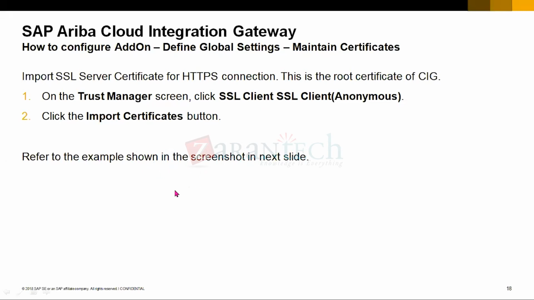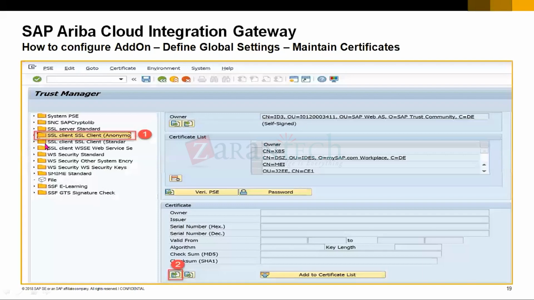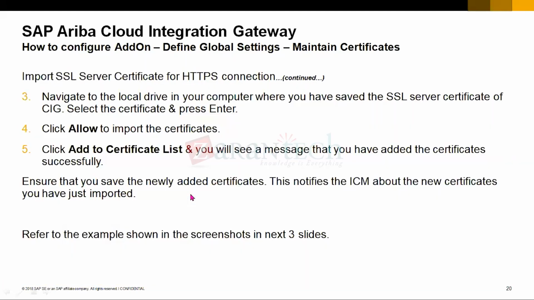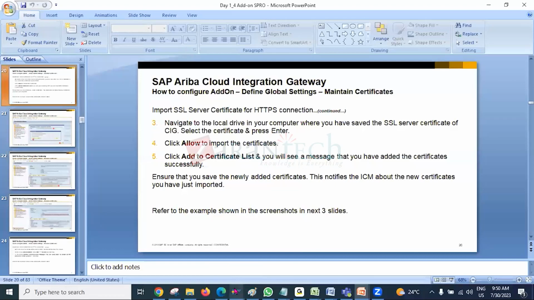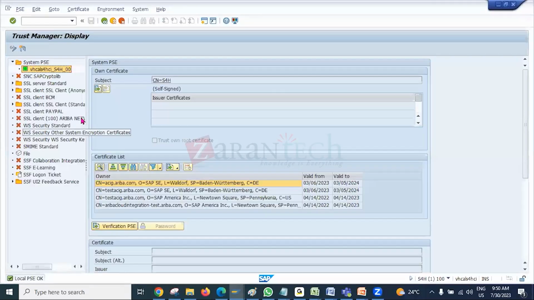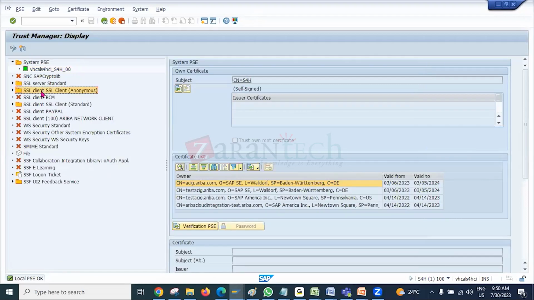So in these cases, what process are they following? They have to come here and click on this SSL client anonymous. And once they click on this, you can see the second step is talking about this option. So if I'm not wrong, if I go to my ERP system once again here, we can see we have the node SSL client anonymous, right?